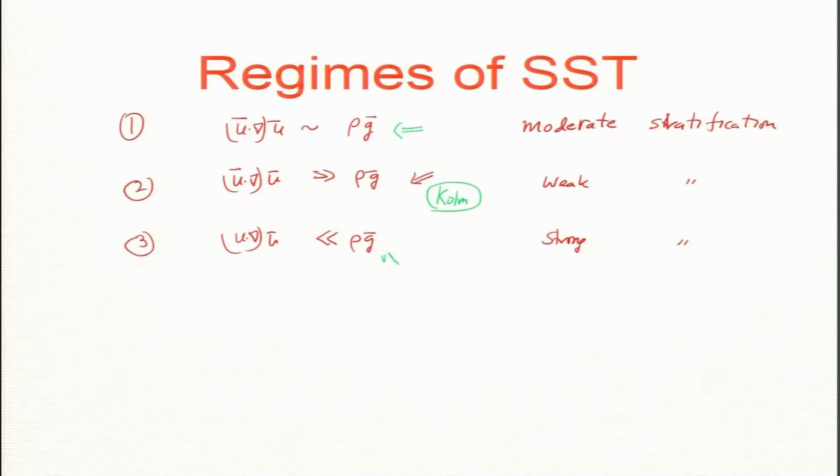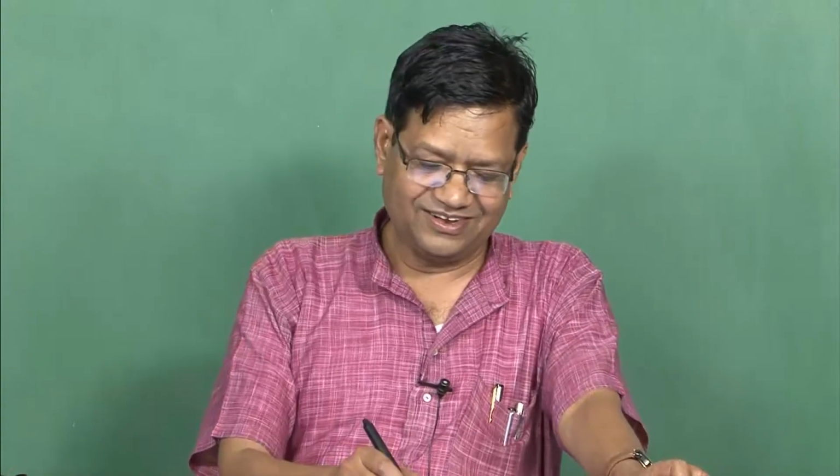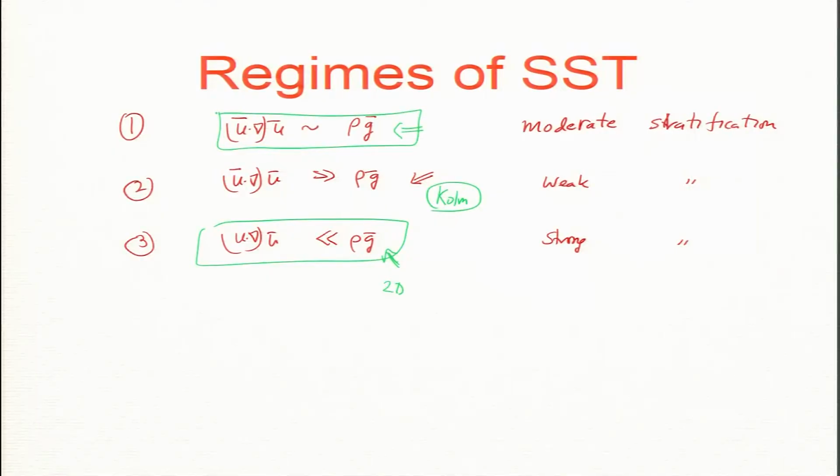But in this one gravity is strong, it becomes 2D, because gravity is too strong, flow moves easily in the horizontal direction, not so easily in the vertical direction, and so this is called quasi 2D flow. In fact, Earth's atmosphere is in this regime. This is a big topic which I will not discuss, but I will illustrate the dynamics with moderate stratification.